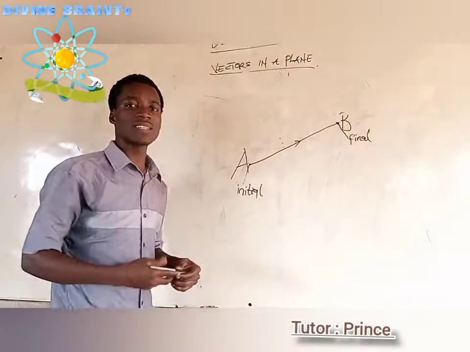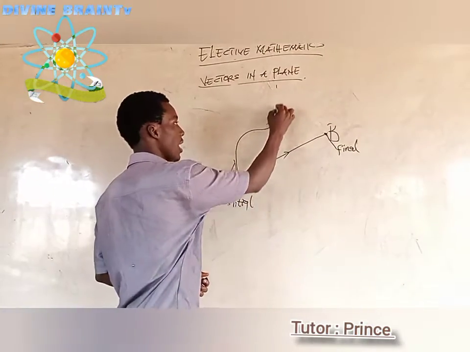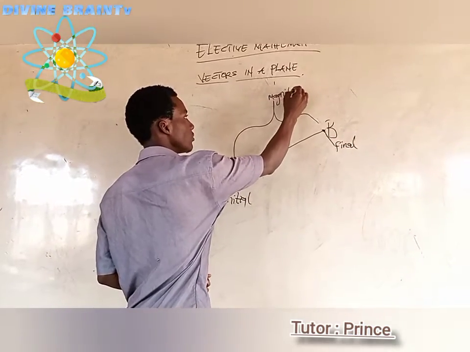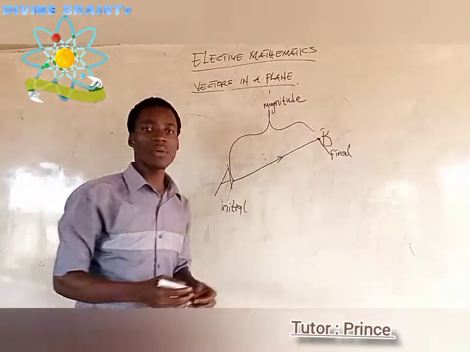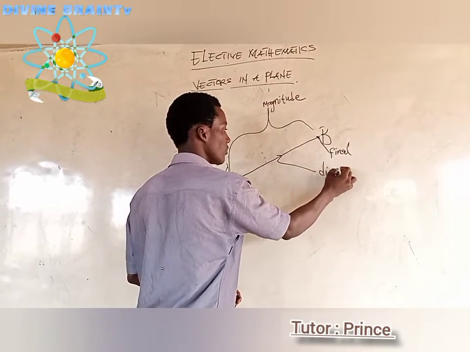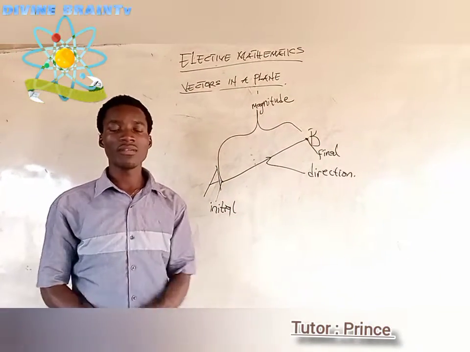Since we are able to identify our initial and the final, it gives us our magnitude. And the direction that we were explaining in our definition is here. And this is the direction. So you can see the direction of this vector.